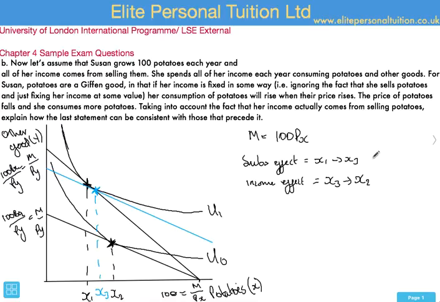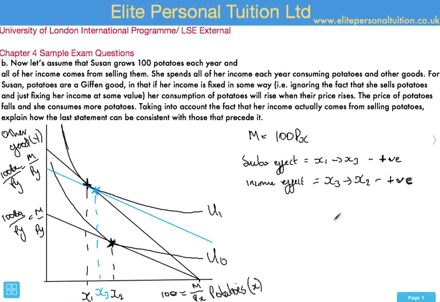So what we see is that the substitution effect is actually positive, encourages us to consume more of the potatoes, whereas the income effect in this case actually is positive as well, encourages us to consume more potatoes.